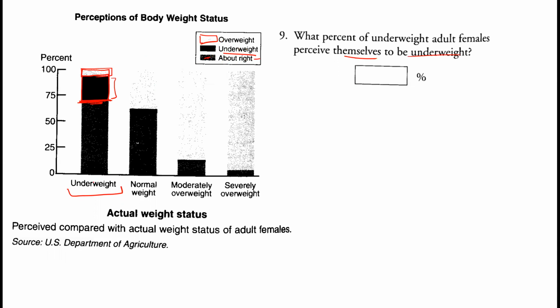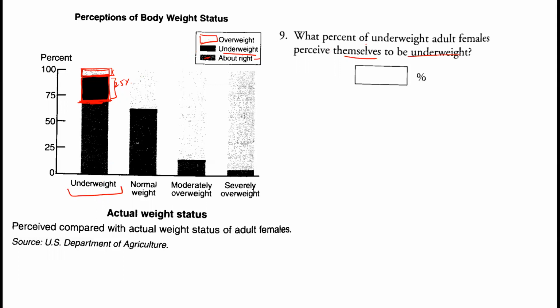Despite the fact that they are underweight, a very small percentage of females think that they are overweight. And there's almost 25% of them who feel that they are underweight, even though they are underweight. So they are correct. What they are and what they perceive, both of them are aligned.